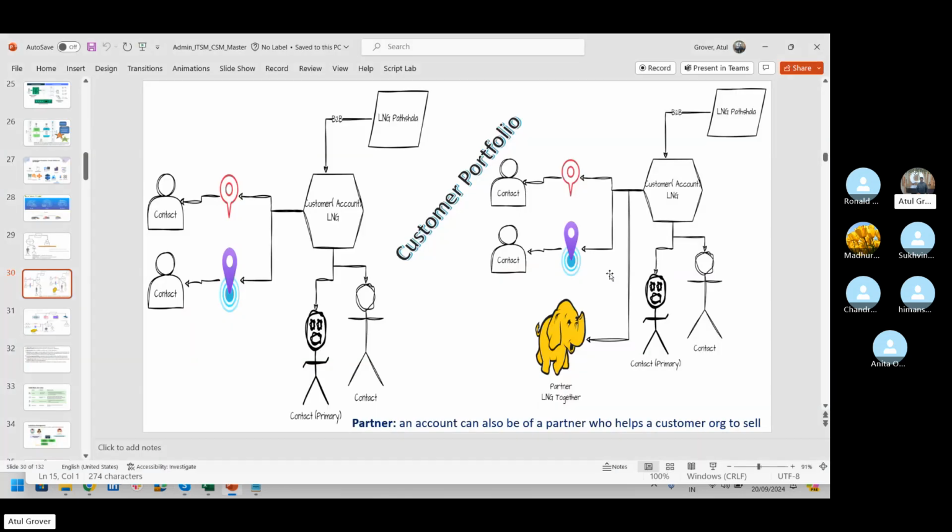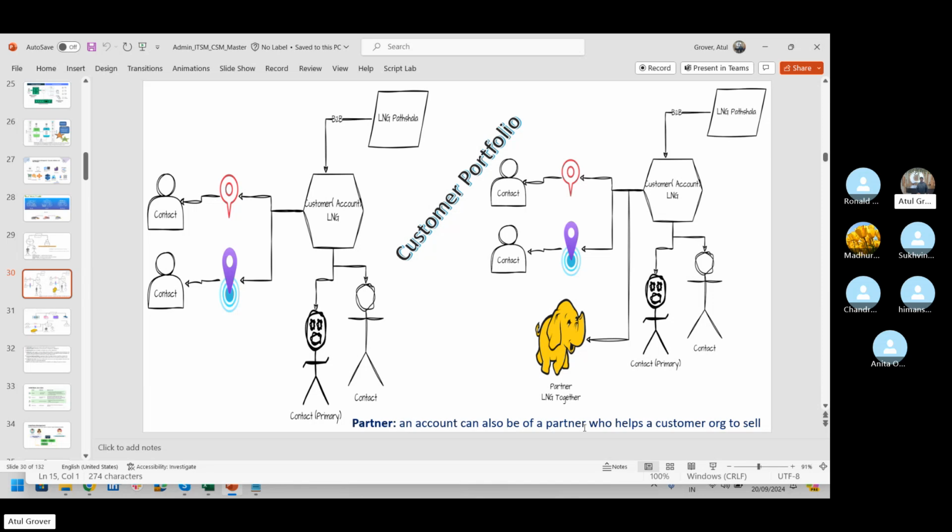Then you become my partner, my customer as well as my partner. An account can also be a partner who helps a customer organization to sell. And then it is called a selling partnership, not strategic basically, but a kind of selling partnership.